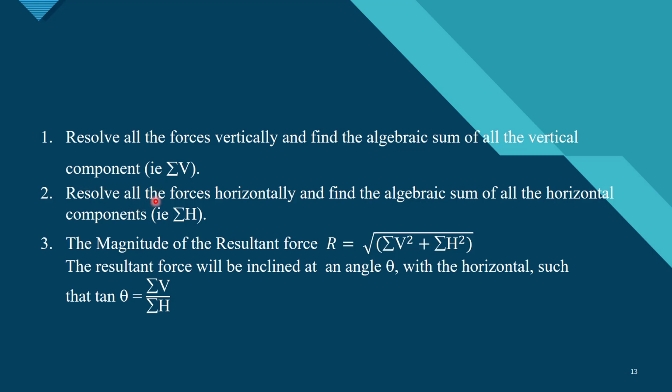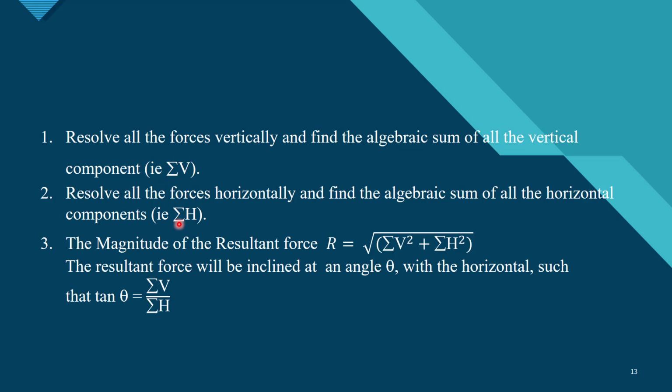That is marked as sigma H and sigma V. What is sigma H? You resolve all the forces into two components along the horizontal axis and along the vertical axis. Then you find the algebraic sum of all the horizontal forces. That will be marked as sigma H. Similarly, you find the algebraic sum of all the vertical forces. That will be denoted by sigma V.